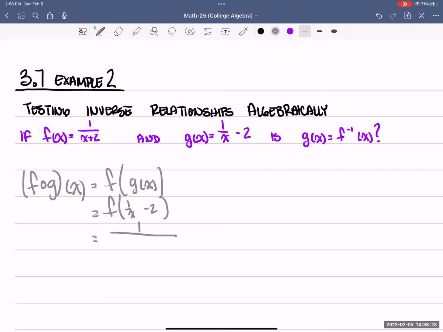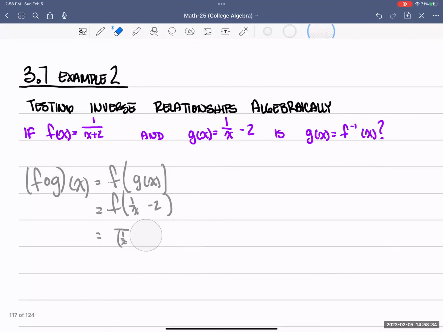So our input here is going to be that 1 over x minus 2, then plus 2 in the denominator. The numerator is just 1.